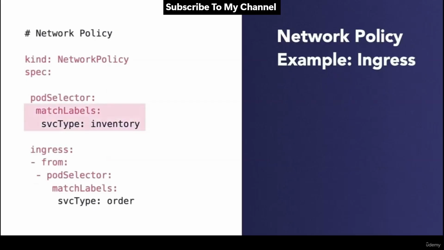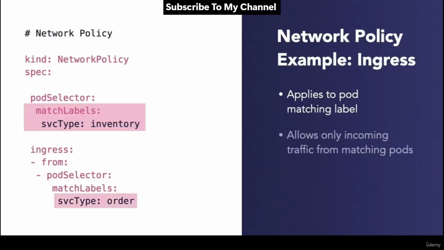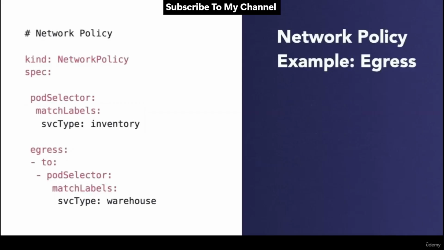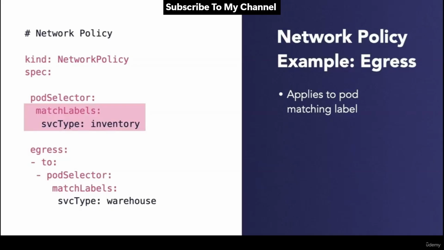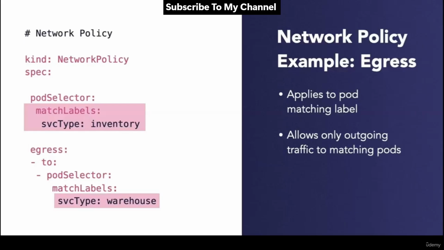So in this example, you're applying the network policy to pods that match the label inventory. And next, you're stating that the incoming traffic should be permitted only from pods with label order. Switching to egress example, here you're limiting outbound traffic from pods labeled inventory to only pods that are labeled warehouse.